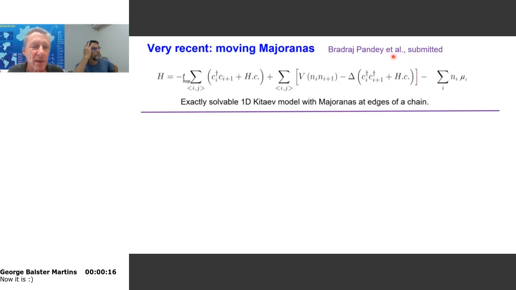These are moving Majoranas, meaning we want to have a procedure in order to translate, to move these Majoranas at a speed that we can regulate.